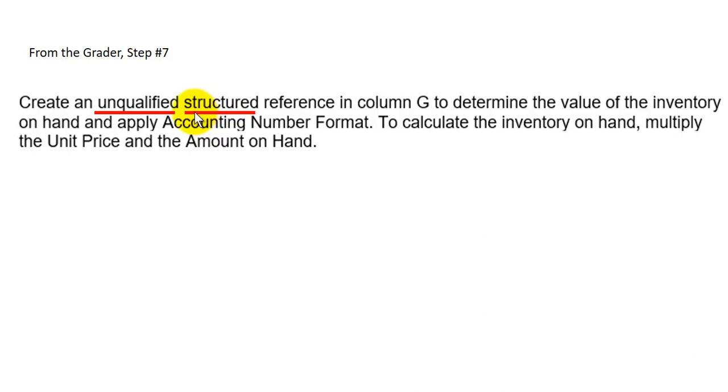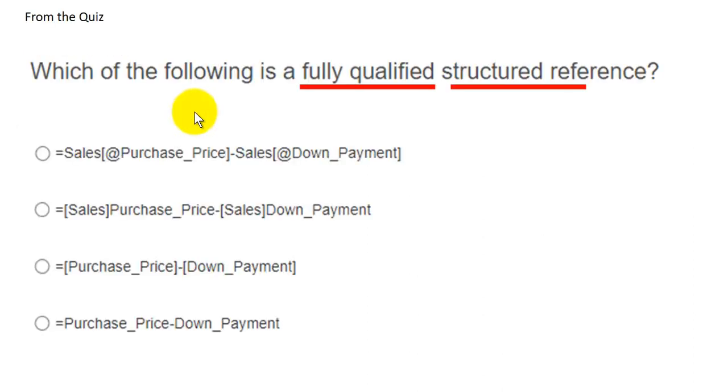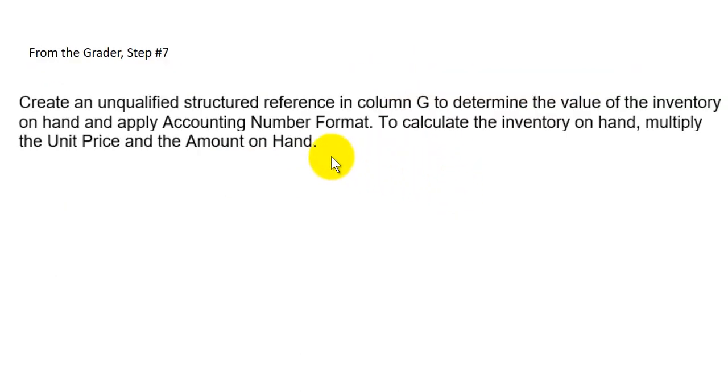Now, in that previous one, let me actually go back. This was a fully qualified structured reference. And if you went to your book and you searched the ebook, you might have found qualified. But by the time you get to the grader, if you searched for unqualified, maybe you found it, and that's good if you did. But sometimes it's difficult for the search engines in lots of browsers and things to find the negative or the opposite of a word.